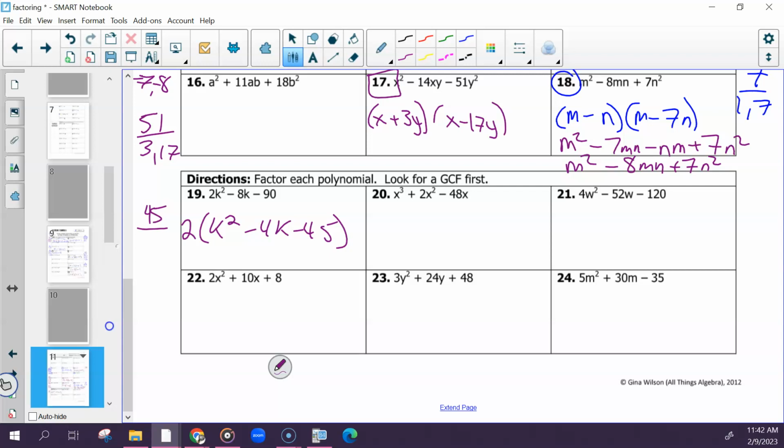It doesn't have a whole lot of factors, so think about what could go into 45. 5 and 9. If we were to make one of them negative, would we get negative 4 if we added them together?